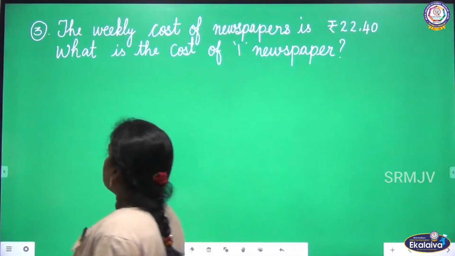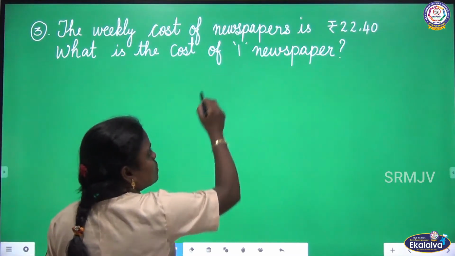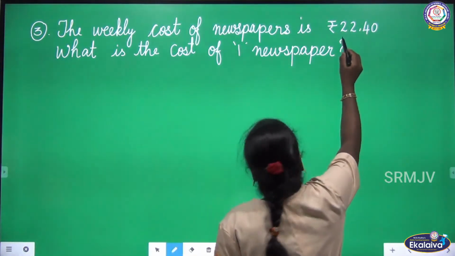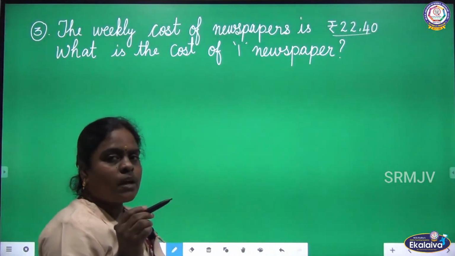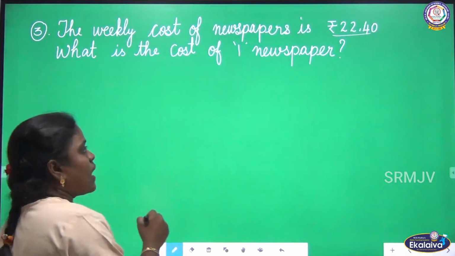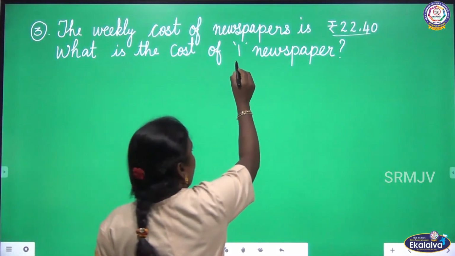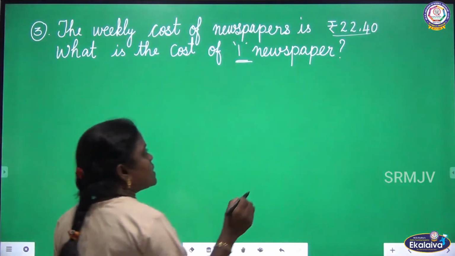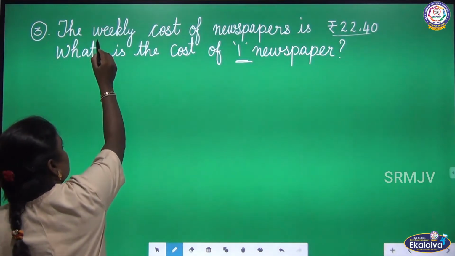Here it is a statement problem. The weekly cost of newspapers is 22 rupees and 40 paise. What is the cost of one newspaper? Listen children, here we need to look at the word weekly.